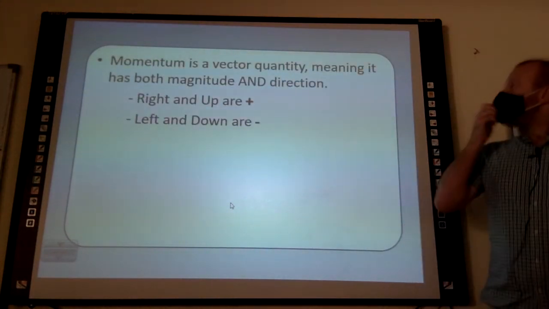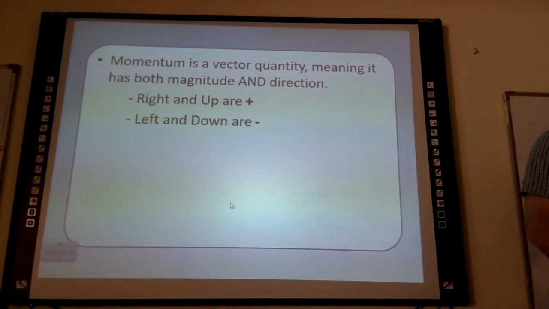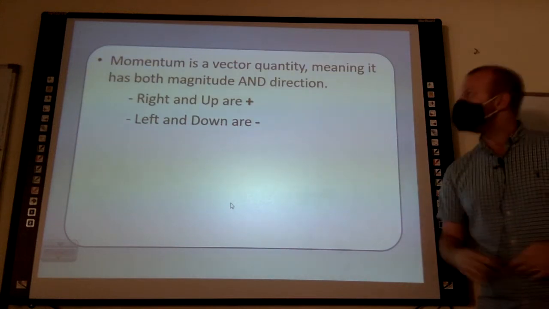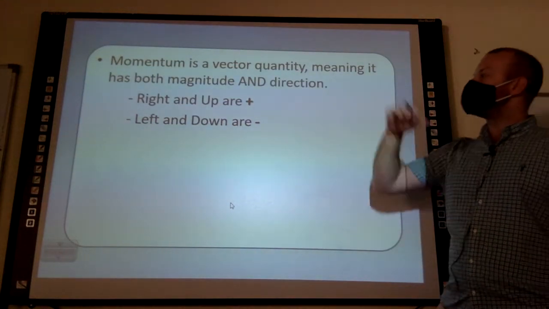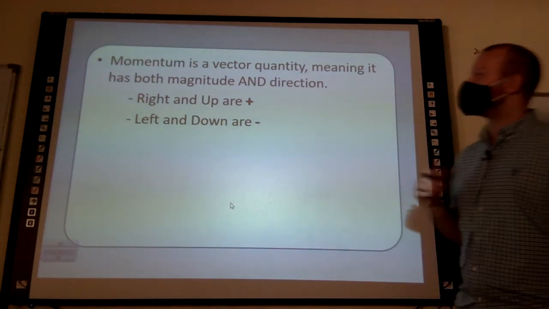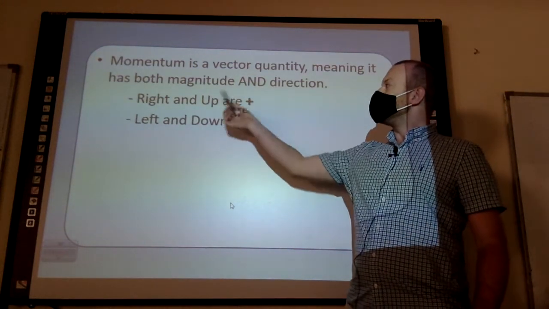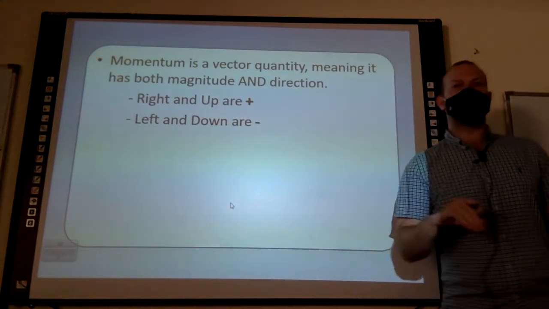Okay. So momentum is also a vector. So the v that is in the equation does have a magnitude and it has direction. We're not dealing with speeds, we're dealing with velocities. So it does matter if something is moving to the left or to the right. It makes a big difference. So in general, what we are going to use, and we'll continue this notation next year as well, traditionally, right and up are positive, down and left are negative.